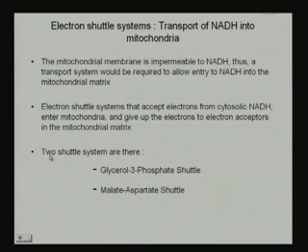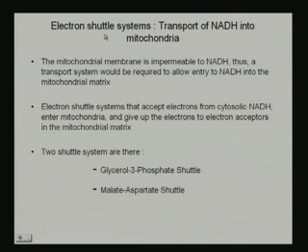Now, as I have told you, the inner mitochondrial membrane is not permitting anything to go out of this system. When we are talking about this electron shuttle system, it helps in the transportation of NADH to the mitochondria. The mitochondrial membrane is impermeable to NADH, and thus transportation is needed, because flow of electrons is essential.